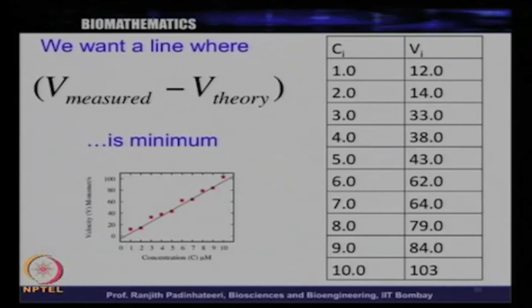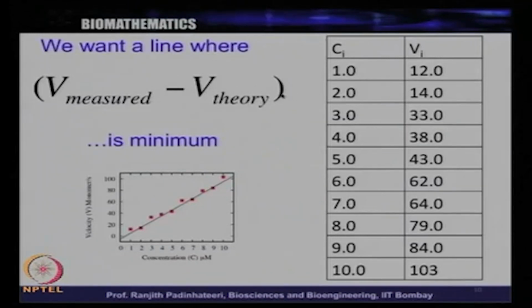When I say V theory, this is the velocity which you get from the fitting, that means this line. For every C there is a value on the line. So, between the value we get from fitting and the measured value there will be some difference, but this difference should be minimal.